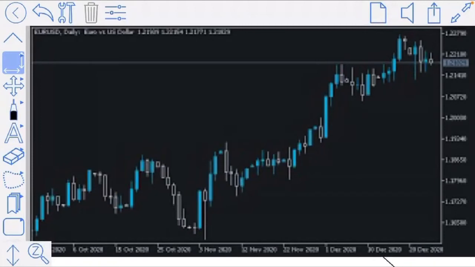This is basically a day trading strategy. If you want to capture a short amount of pips on a trade, maybe you don't want to hold a trade for a longer period, you're not a swing trader, you want 15 to 30 pips, this is the strategy for you. This is the strategy that I recommend that you use to trade with.